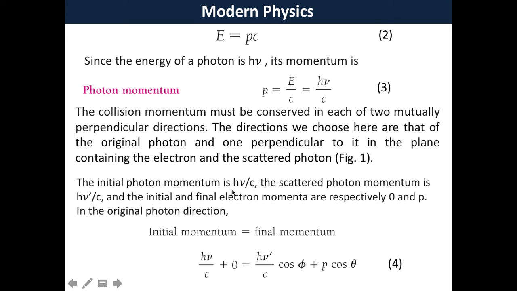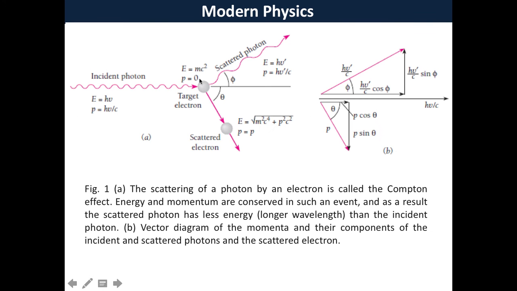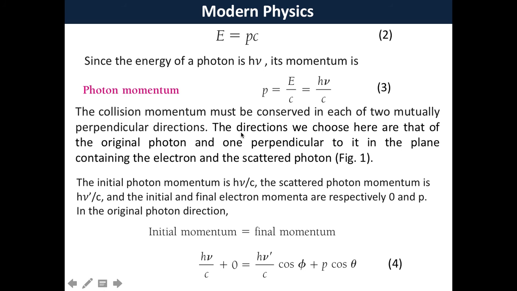The initial photon momentum is h nu by c and the scattered photon momentum is h nu prime by c. The initial and final electron momenta are respectively 0 and p for the scattered electron. So here the initial momentum is h nu by c plus 0.